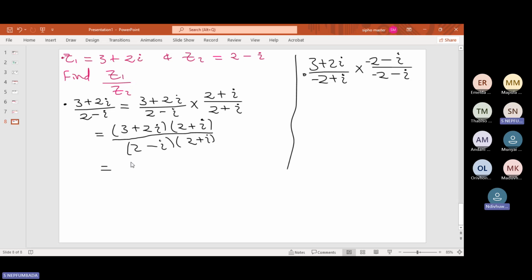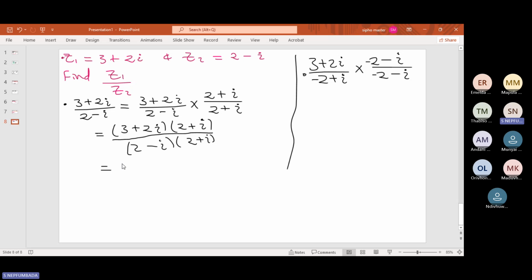Do you want us to write all the steps, even for removing brackets? Do you know how to remove brackets, guys? Yes.